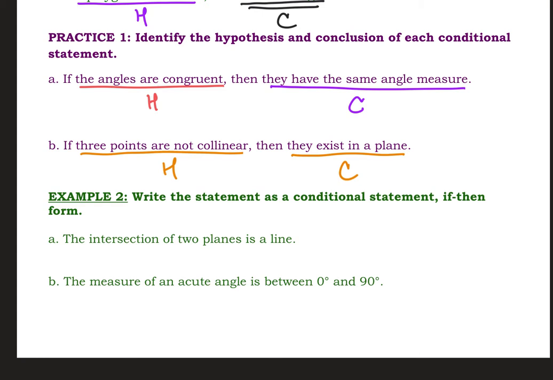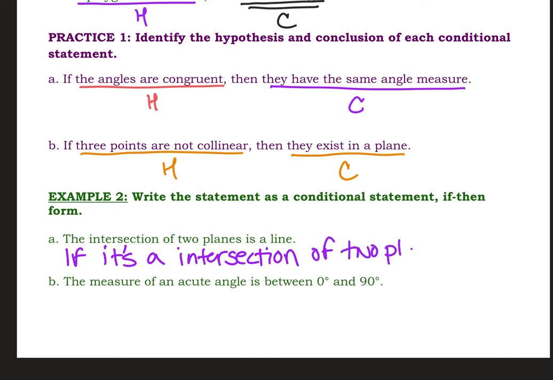If it's an intersection of 2 planes, then it's a line. Good.